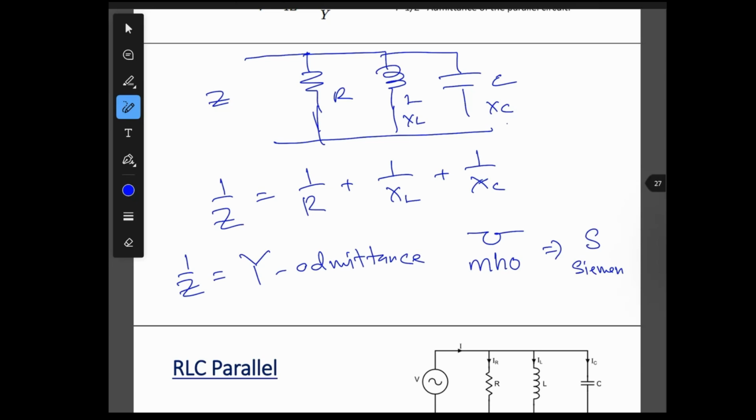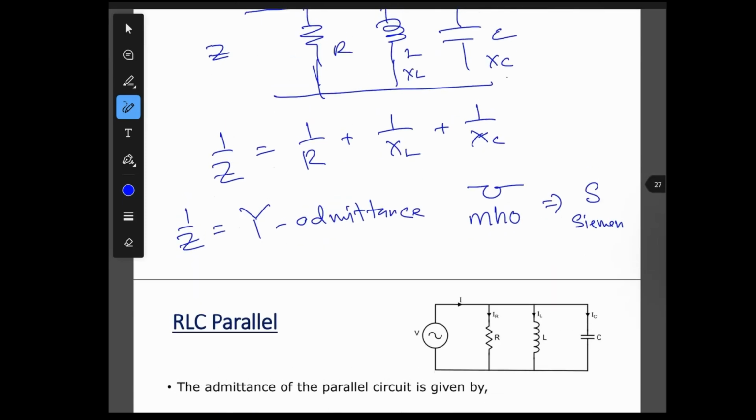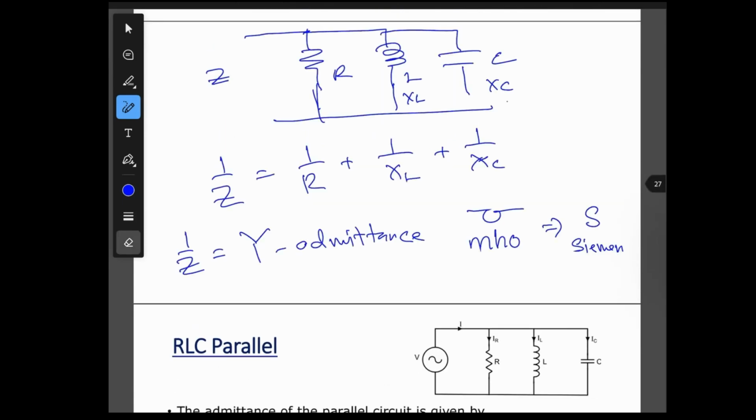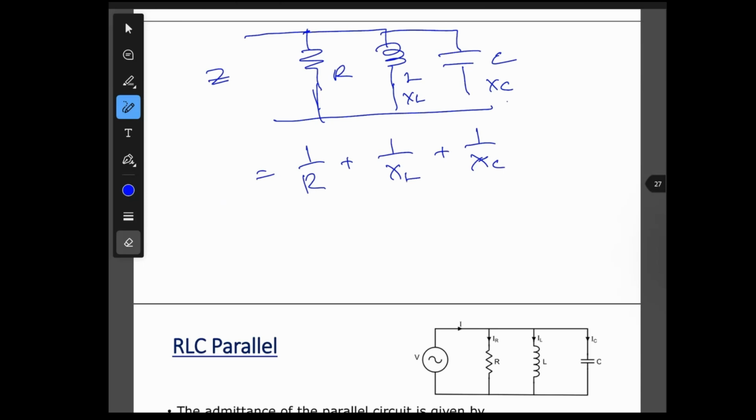That is the unit for admittance. So far, any question?